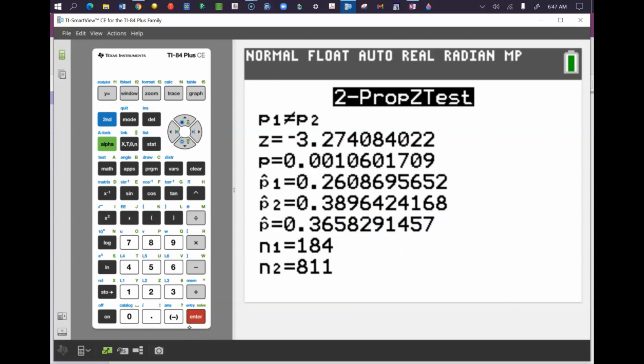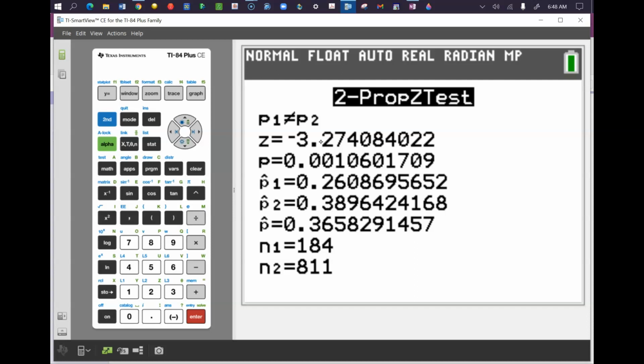The nice thing about this is not only does it calculate the z value for you, which, by the way, you'll notice I got a negative 3.27 here, and that actually doesn't matter because switching them around is going to get you the same p-value. So there's our p-value of 0.001, p1 hat of 0.26, and p2 hat of about 0.39.